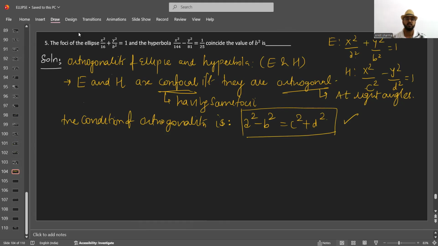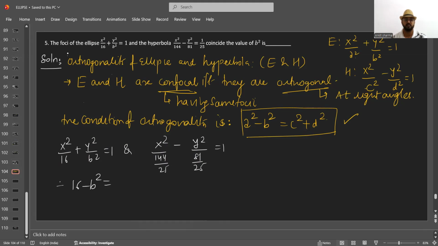Now, once this is done, there is nothing in this problem. So you have x square over 16 plus y square over b square is equal to 1. And this one I'll multiply by 25 first, and then I'll be bringing 25 down by writing like this, y square by 81 by 25 is equal to 1. Now this gives me 16 minus b square is equal to 144 plus 81 by 25.